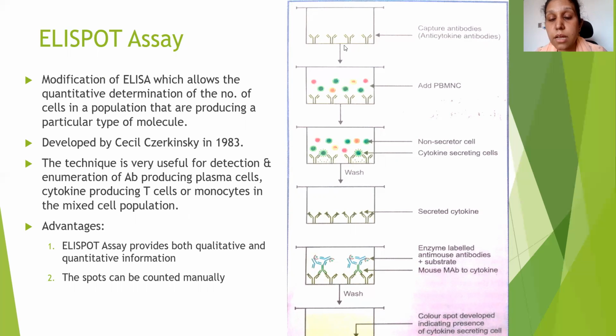The capture antibodies are coated, and the PBMCs are added, with non-secretor cells and cytokine secreting cells present. Then enzyme labeled anti-mouse antibodies are added, and when we wash, a colored spot indicates the presence of cytokine secreting cells.